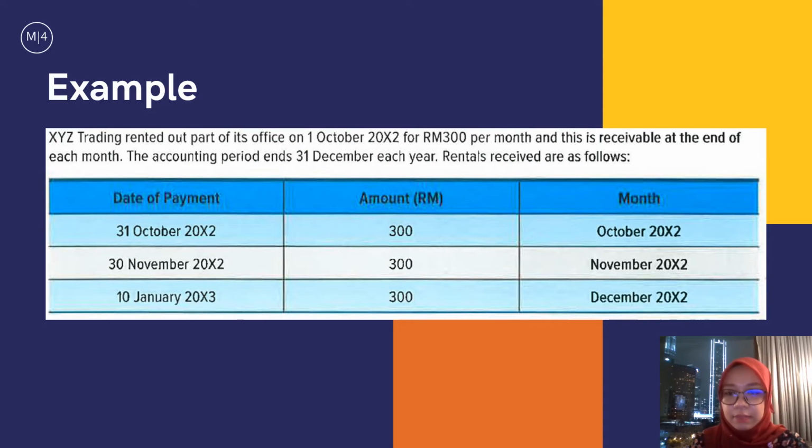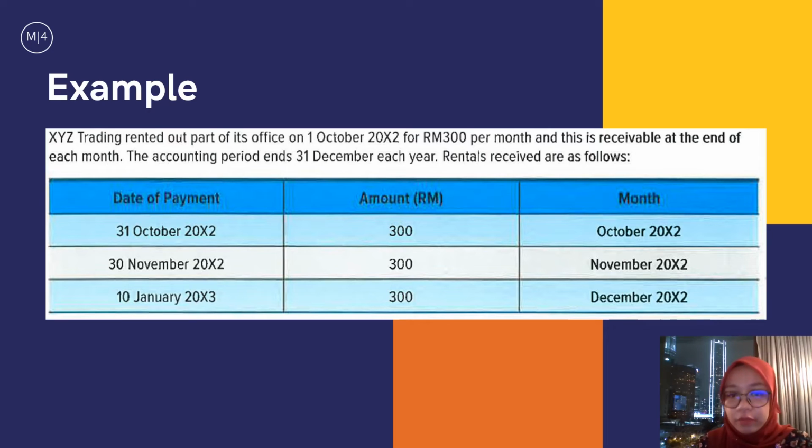Okay, the same example as the rental payment received in advance, but for this one, XYZ Trading rented its office. The payment for October should be received in October, and it did receive on 31st October.